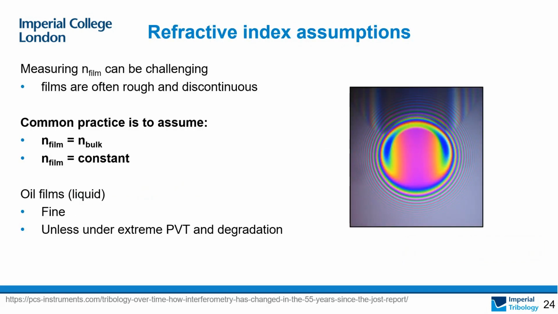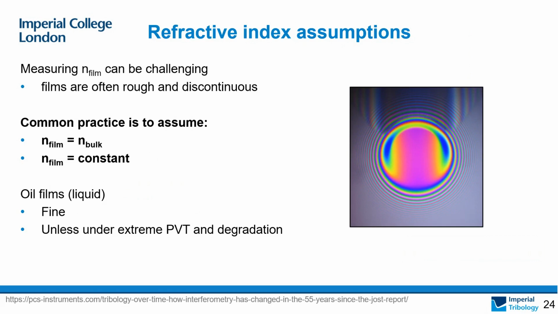Measuring the refractive index is challenging because polymer transfer films are often rough and discontinuous. And because of this, a common practice is to assume that the refractive index of the film is the same as the bulk polymer. We also assume this refractive index remains constant throughout the sliding test.